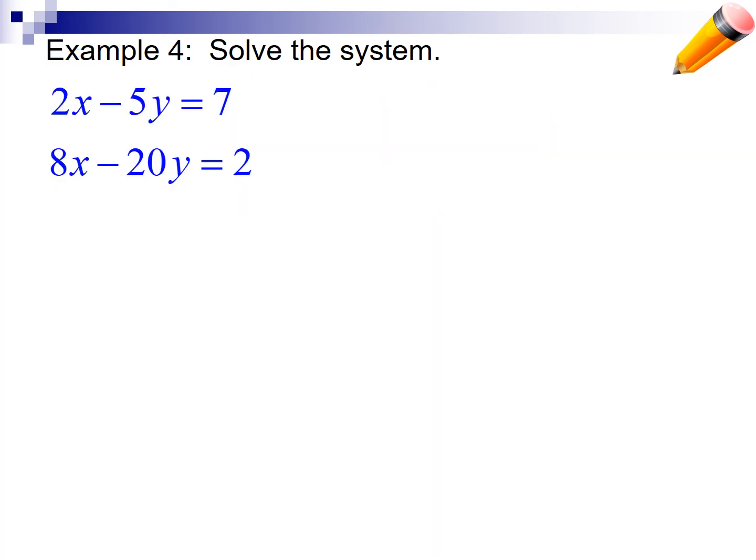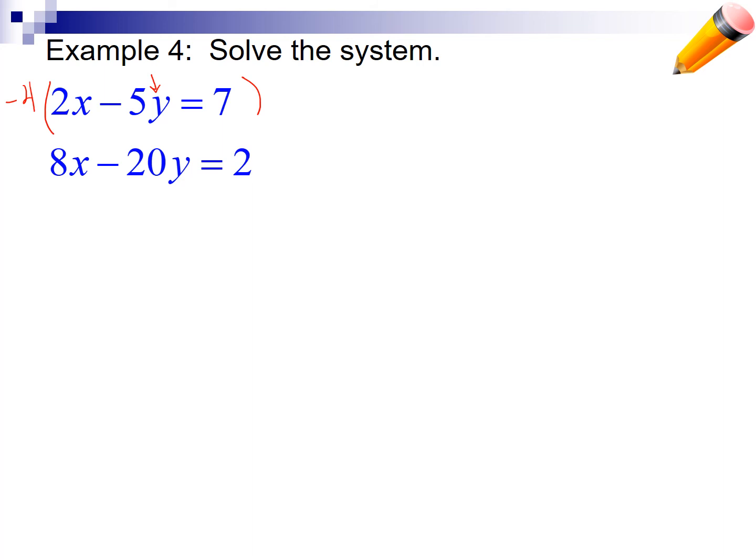And our last example for today, example number 4, we need to solve this system. So if we added everything together right now, x wouldn't go away and y wouldn't go away, which means we have to multiply something. So I'm actually going to multiply the top by a negative 4 in order to get rid of these y's, because 5 times 4 is 20, and we need opposite signs for them to eliminate.